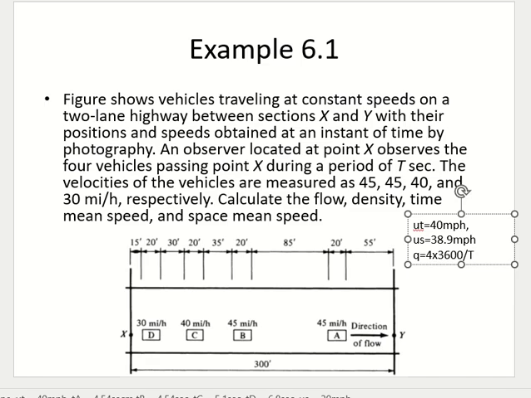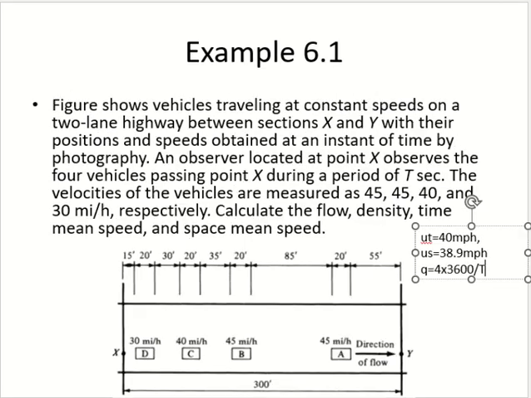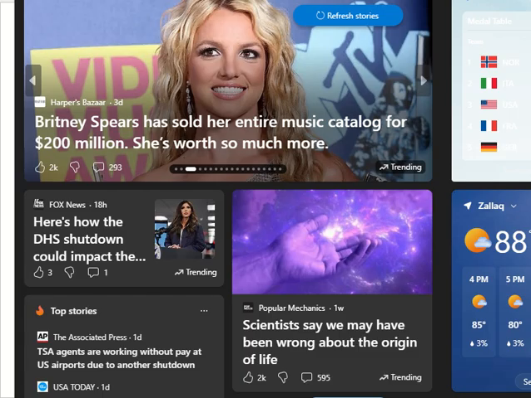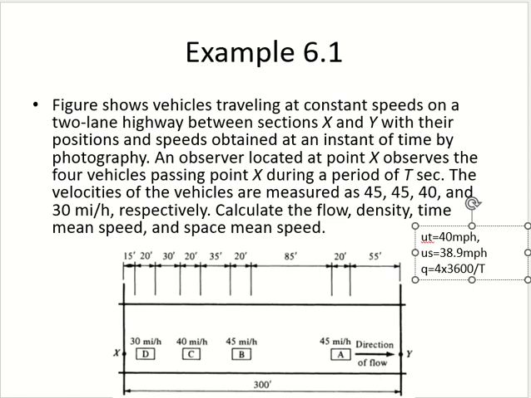Okay. So to calculate the flow, just to clear your concept, I must know in how much time these 4 vehicles will pass. If I know the time, I can put it as t, and I will know the flow.